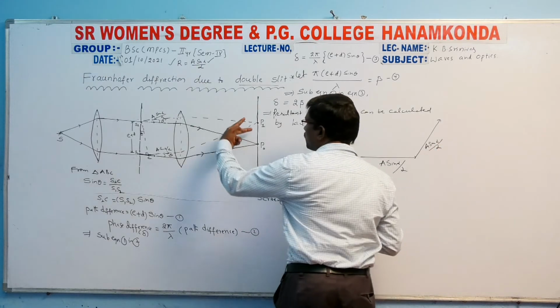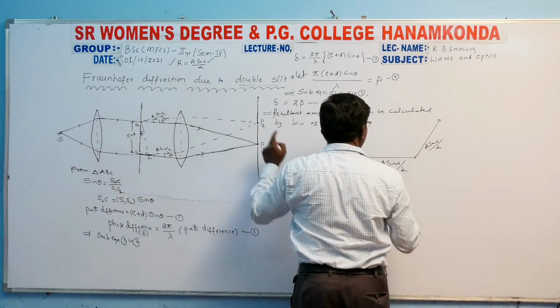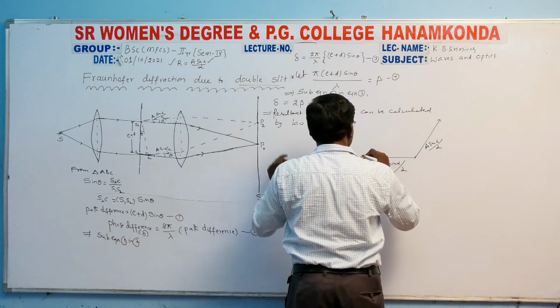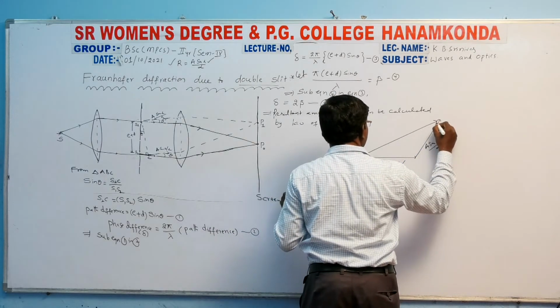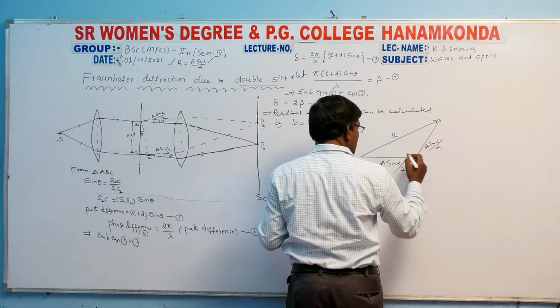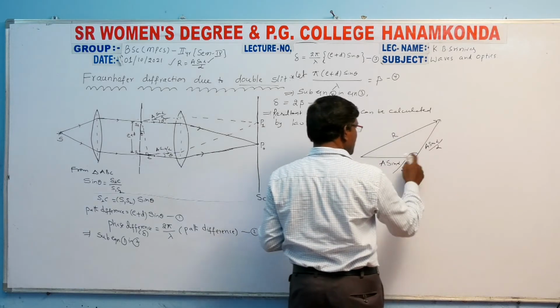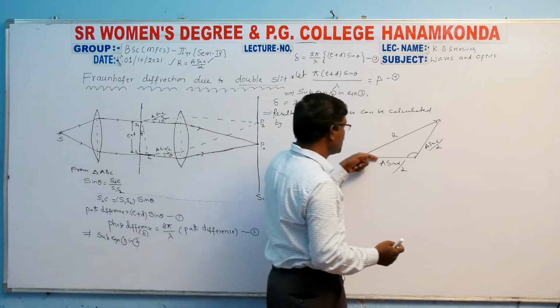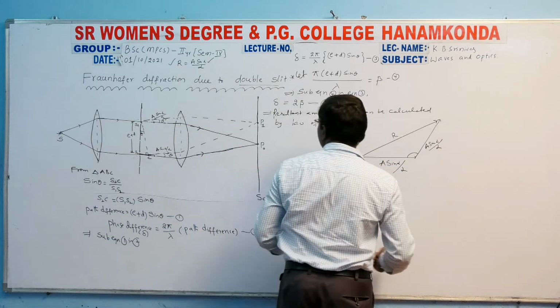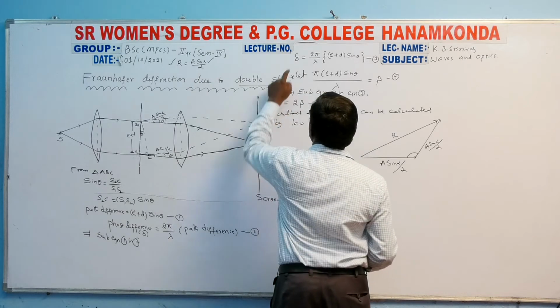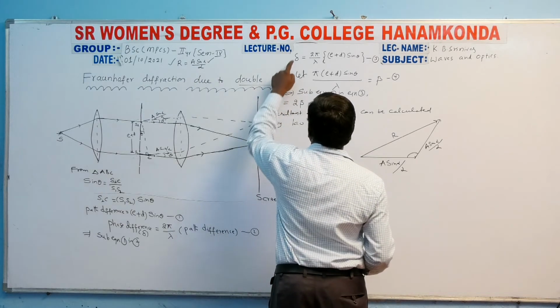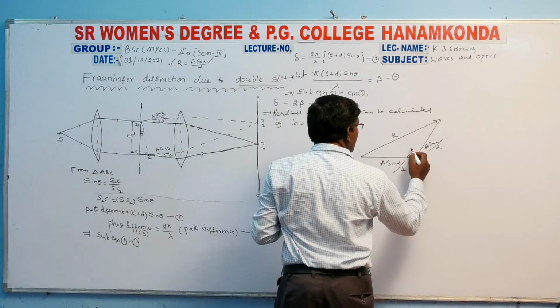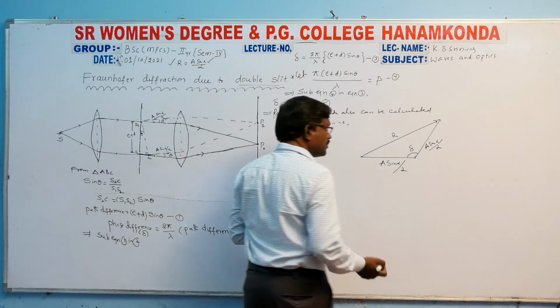Both are superimposing on each other, forming a resultant wave at P1. This is the resultant amplitude. What is the phase difference? Phase is nothing but angle. What is the phase difference between the first wave and the second wave? That I have already calculated as delta. Delta is the phase difference between the two waves.